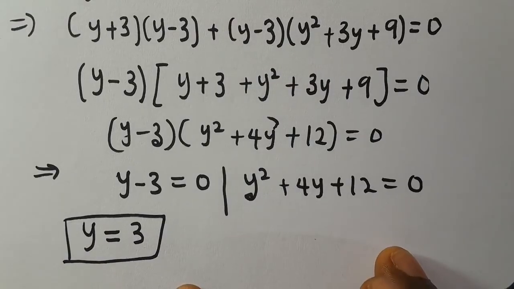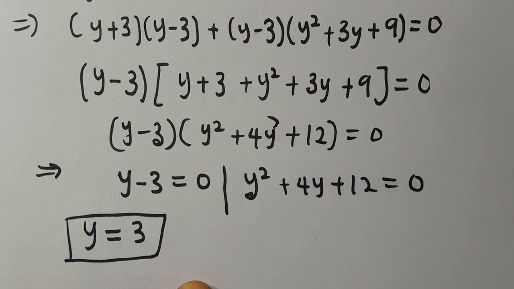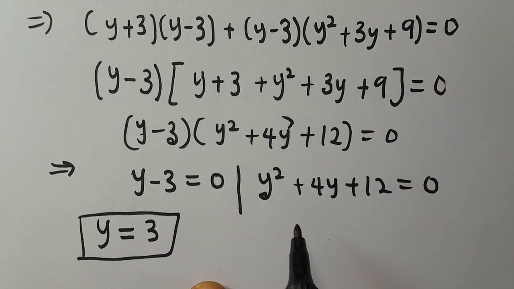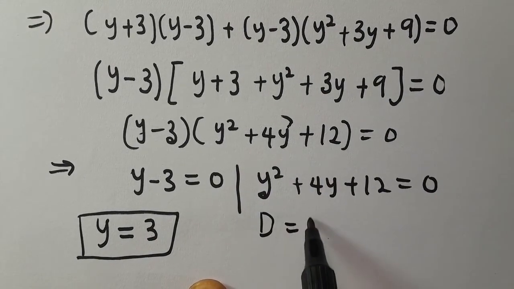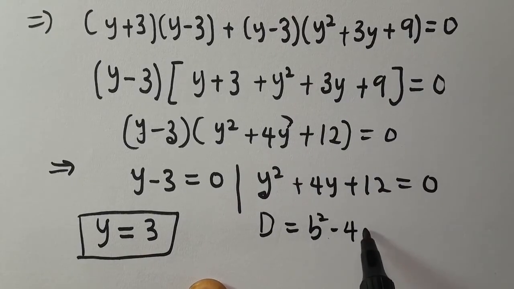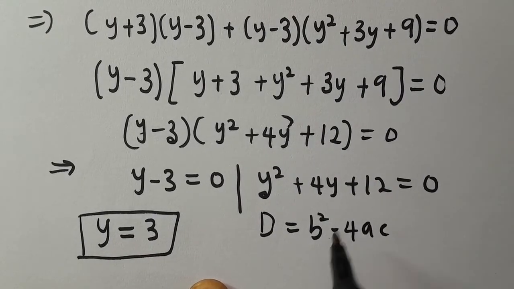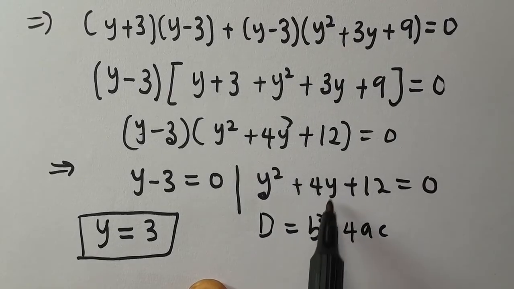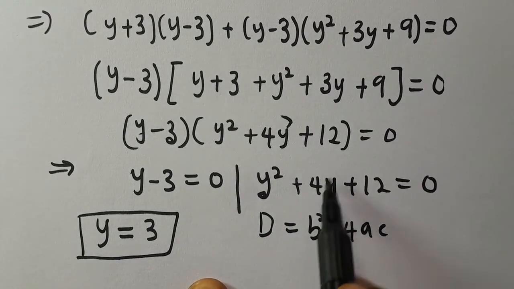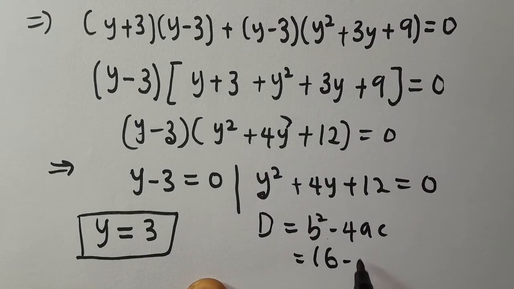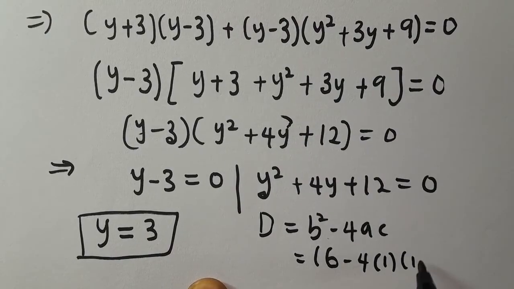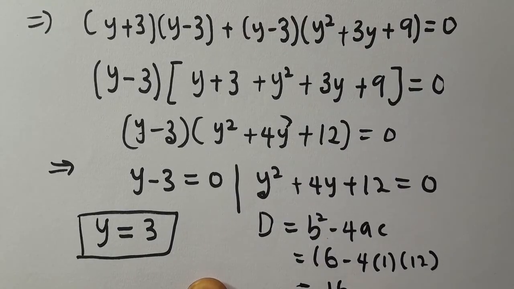Now, let's also check if we can get a real solution. We don't want to consider a complex solution. Let's test the discriminant d equals b squared minus 4ac. Now we have b equals 4. 4 squared will be 16, minus 4 multiplied by a, 1, multiplied by c, 12.